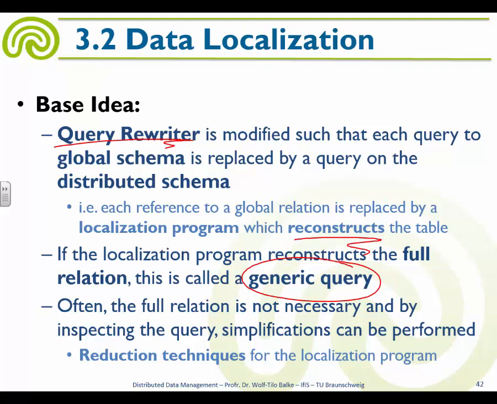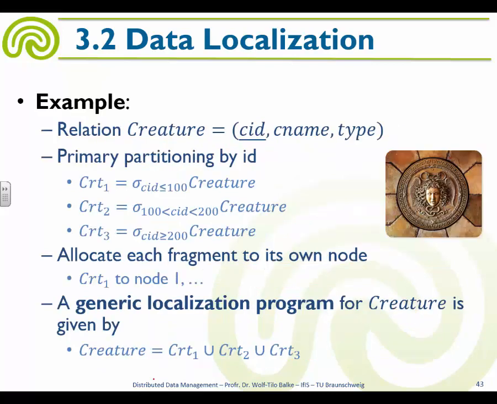I don't need the second partition at all because no relevant data can be in that second partition, right? So sometimes it's not necessary to build the full relation, right? And there are certain reduction techniques where you can say I don't need that part of the data.